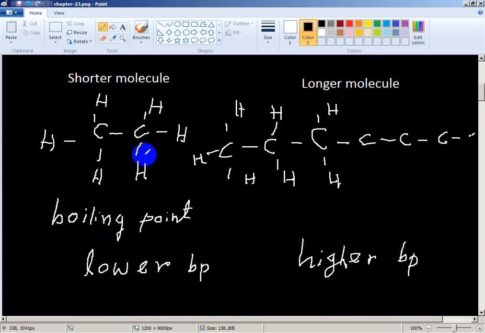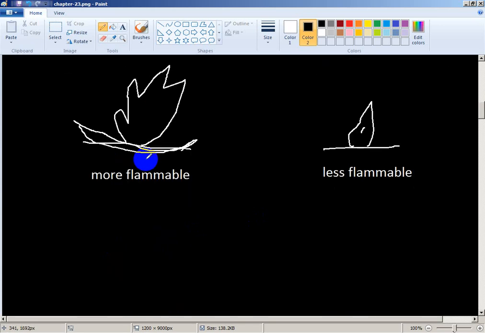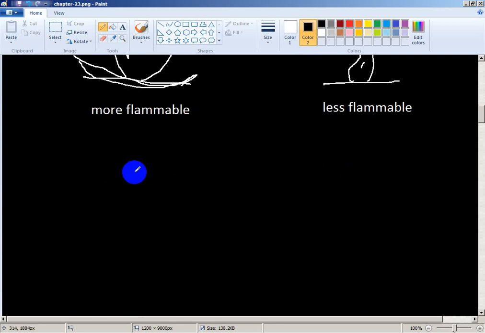Shorter molecules are more volatile. Volatile means they easily become gas. So smaller chains are more volatile, and they become gas easily.